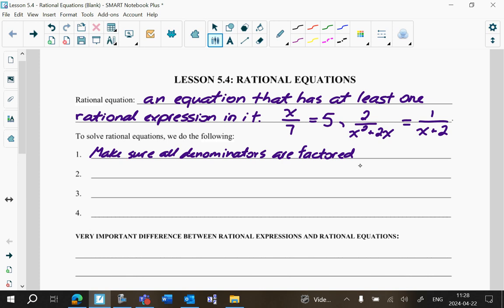Once you've got them all in factored form, you must state non-permissible values. And there's a reason for that that you'll see. Or we also call them restrictions.